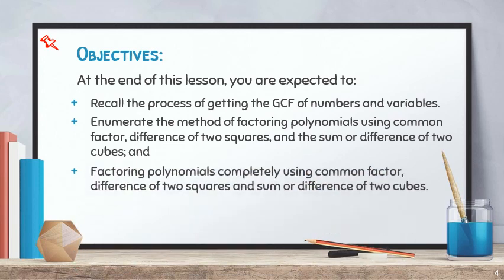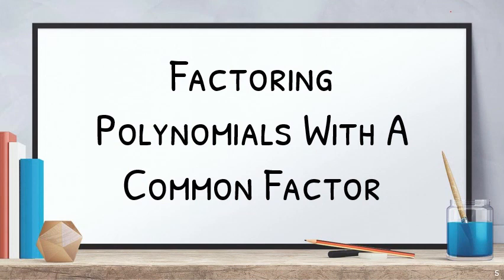And lastly, factor polynomials completely using common factor, difference of two squares, and sum or difference of two cubes. Let us now discuss the first lesson under Module 1, Factoring Polynomials with a Common Factor.